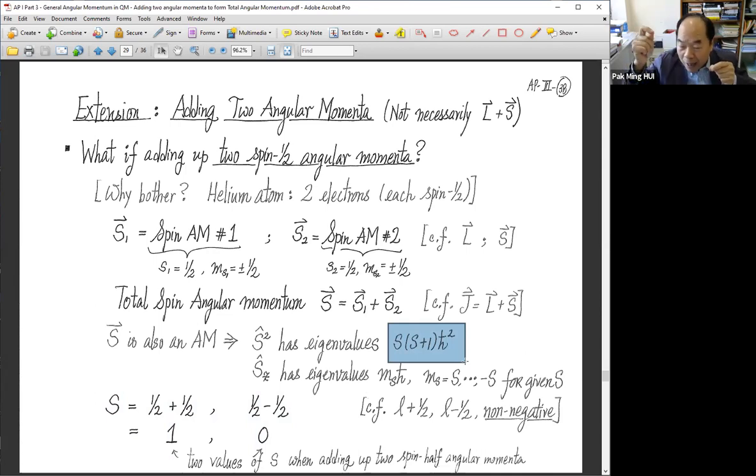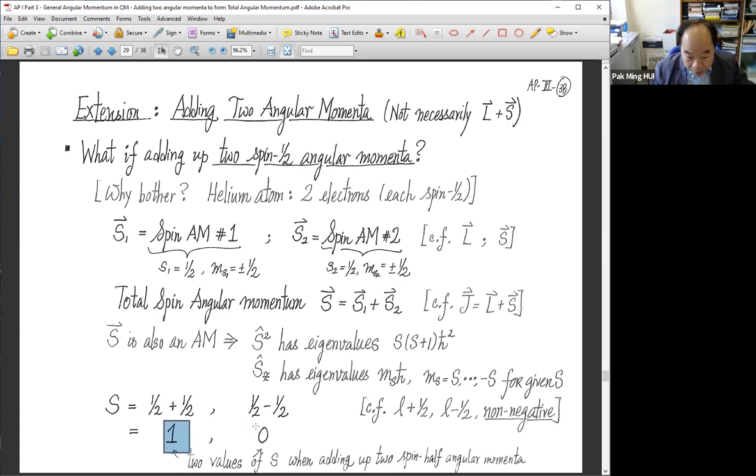This is length squared, S times S plus 1 H bar squared. So two shorter vectors can add to a longer resultant of this magnitude squared. And since S is 1, this will have 3 Z components, 1, 0, minus 1. So that will account for 3 states.